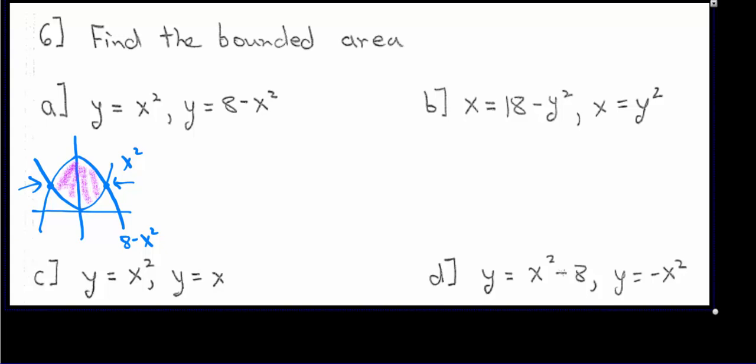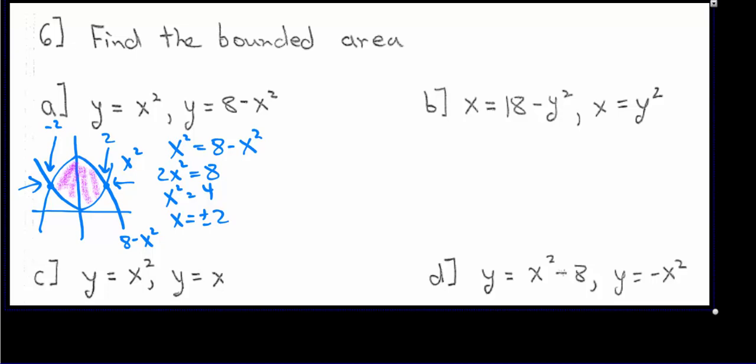So I take these and set them equal. And I get 2x squared equals 8, or x squared equals 4. That means that x equals plus or minus 2. So it looks like this is negative 2 over here, and this right here is positive 2. But I couldn't help but notice some symmetry there.